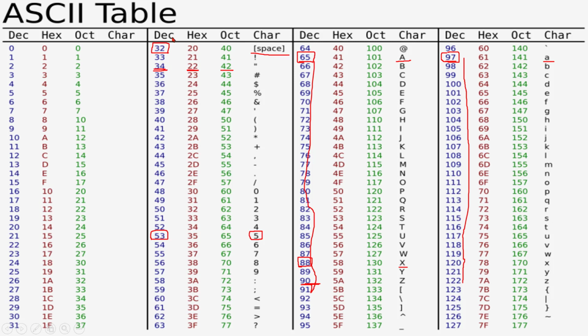The decimal, hexadecimal and octal columns I only told you for understanding purpose, because we studied decimal, hexadecimal and octal constants. If you notice the hexadecimal column, you will have only combinations of 0 to 9 and A to F. If you look at the octal column, there will be no 8 or 9, only combinations of 0 to 7.